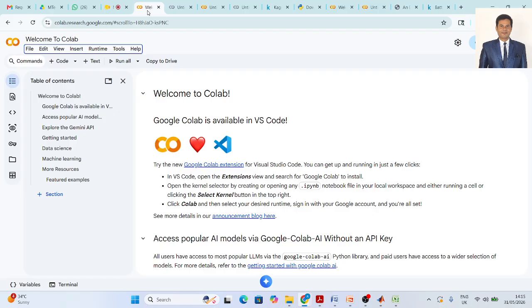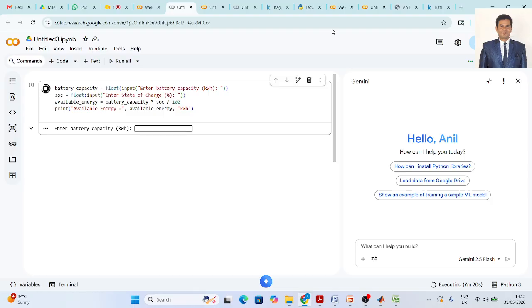Either you can do it in the Colab also, or else you please collect the data from the Kaggle and try to provide the data and try to develop the Python programmings.